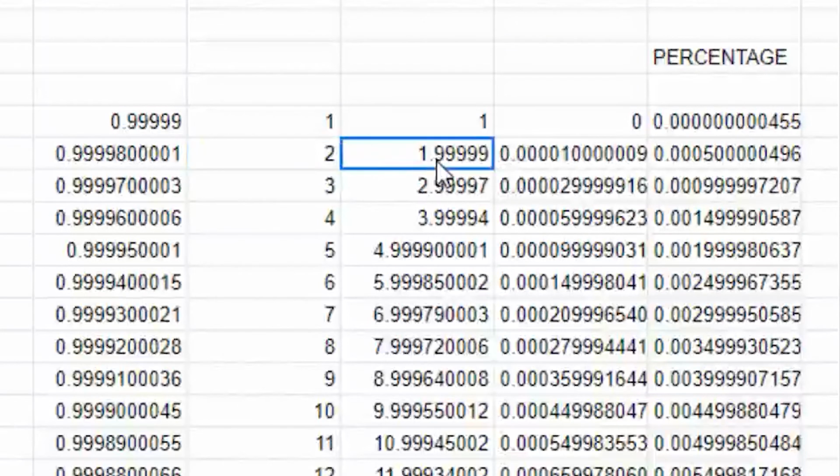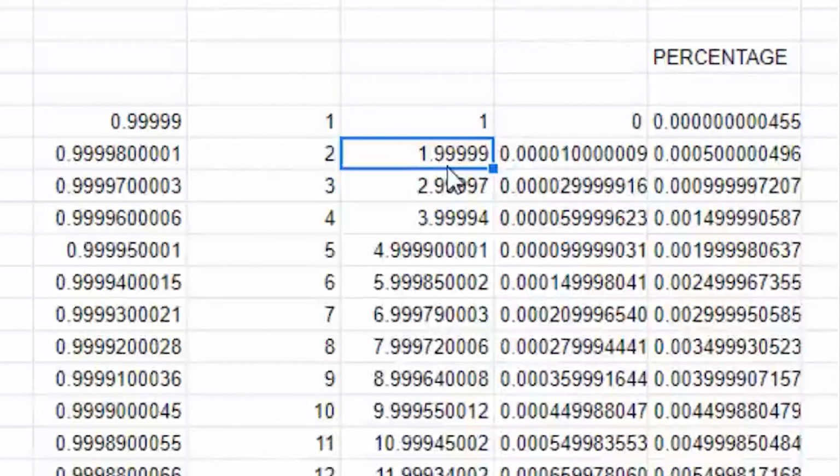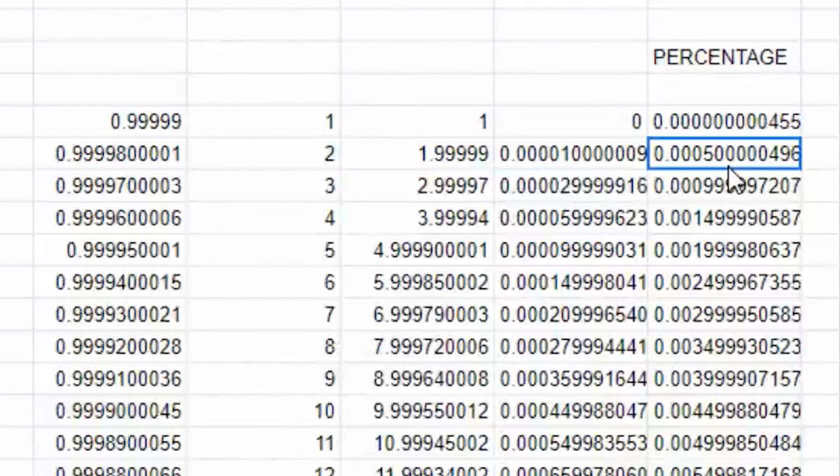Here, if you add those up, the difference between 1 plus 1 equals 2 and the 1 plus 1 probability-wise equals 1.9999 is really, really similar. So you can do this. And here the percentage is still a super, super low difference, up to like 30.